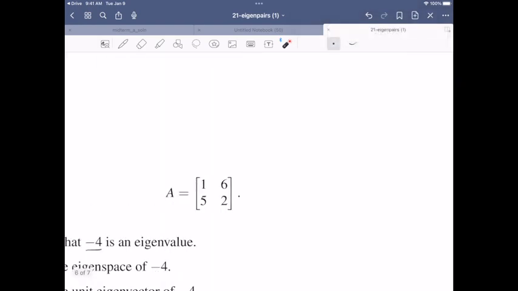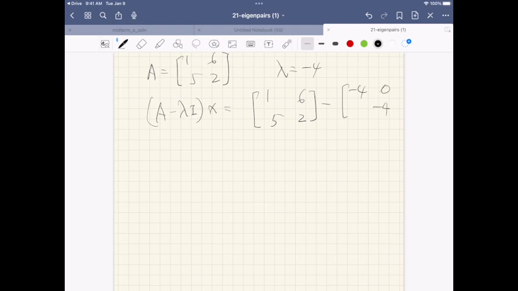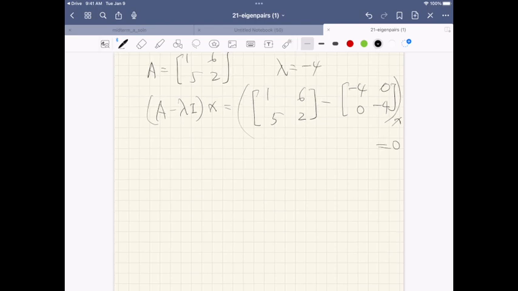A is [1 6; 5 2] and lambda is -4. So (A minus lambda I) x means [1 6; 5 2] minus [-4 0; 0 -4], times x. You want to solve this equals 0.